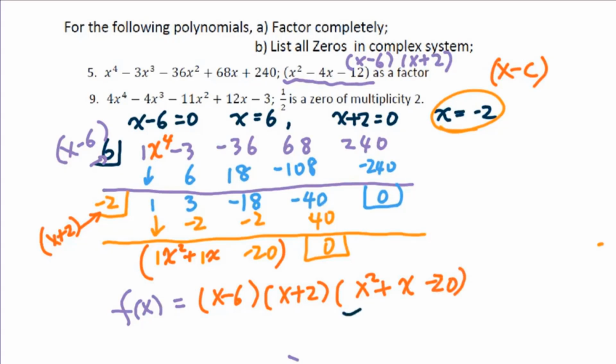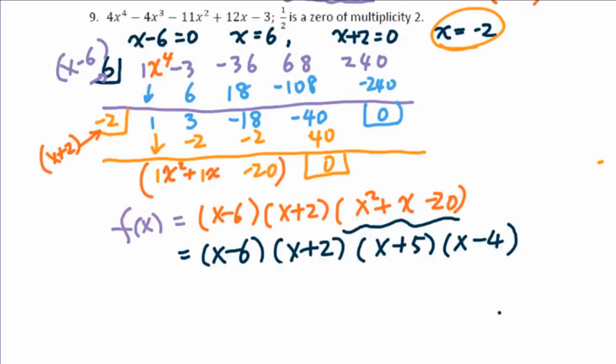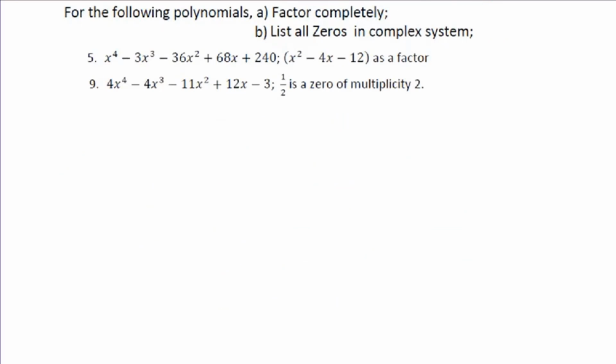We can factor this quadratic function this time, so we just keep factoring. x plus 5, x minus 4. Therefore, for zeros, x equals 6, negative 2, negative 5, and 4. Now let's go to number 9.